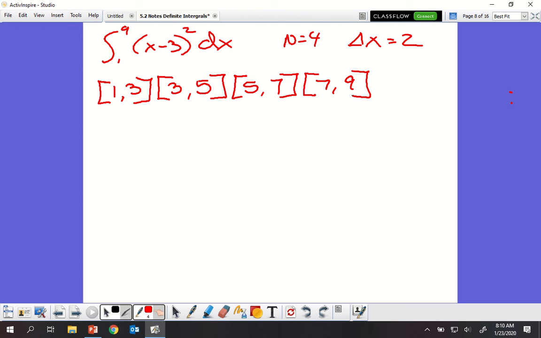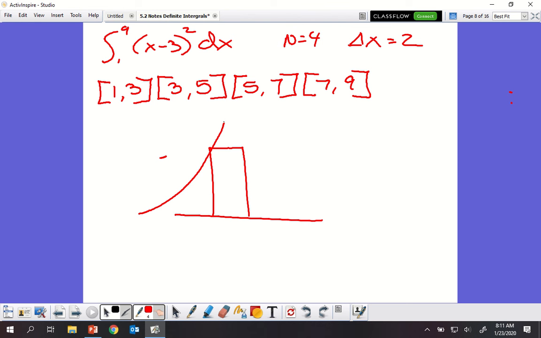Okay, so now we know each rectangle should look like this, and of my function it should be something like this, not to scale.